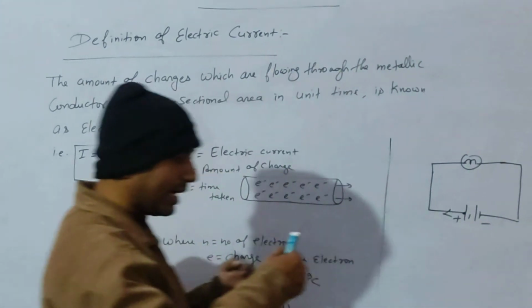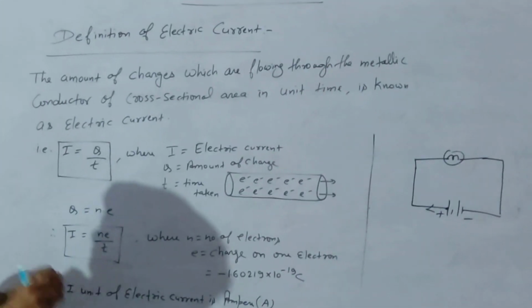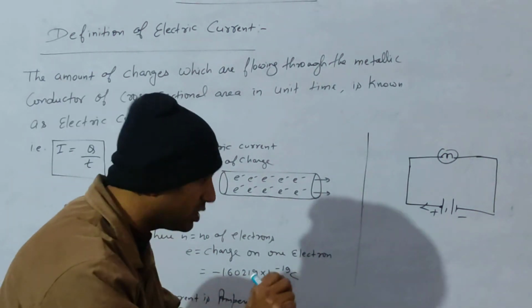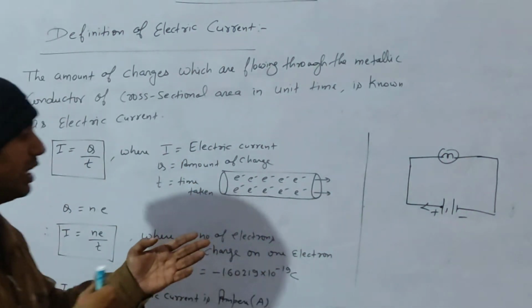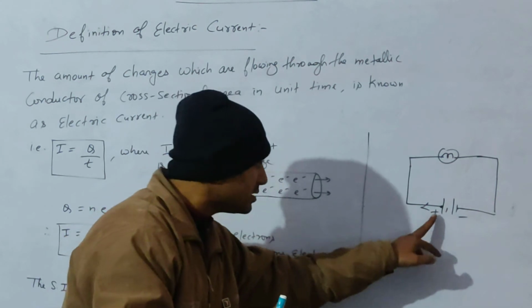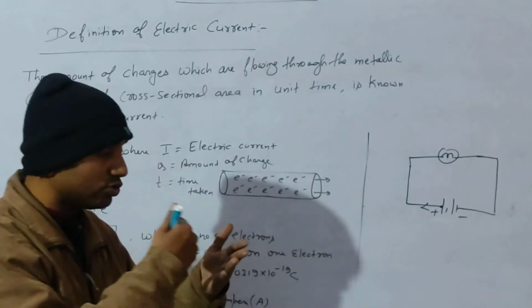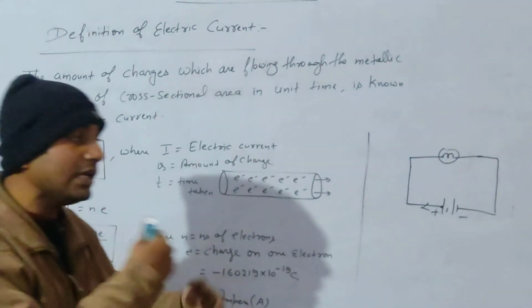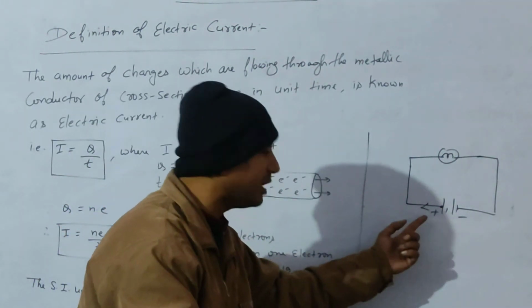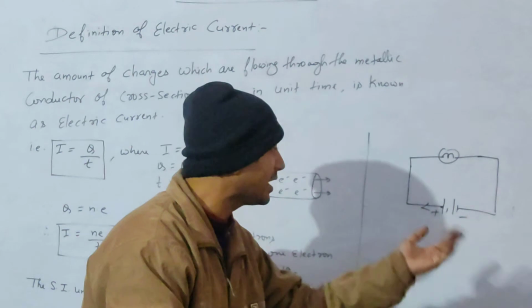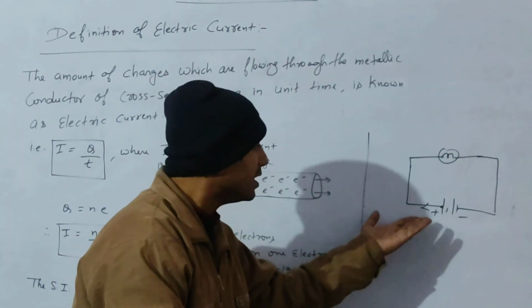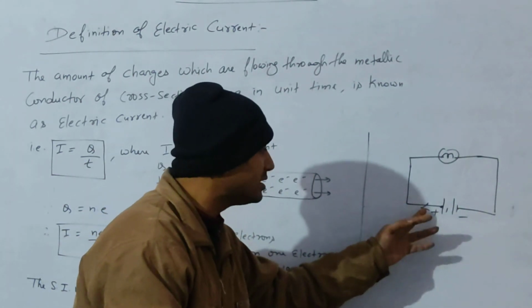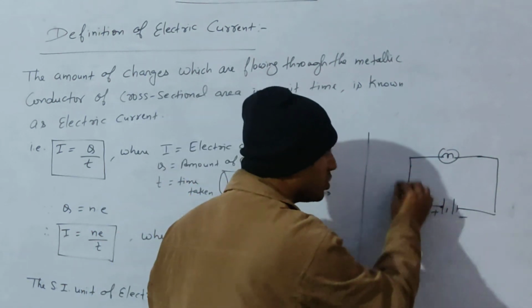If there are so many electrons, one electron pushes its neighboring electron, and according to Newton's third law, the reaction comes in the backward direction, while the transfer goes in the forward direction. They give energy, and this energy is known as electric current.